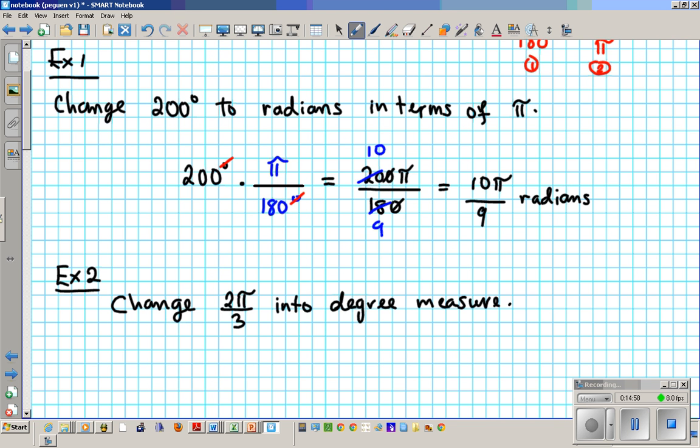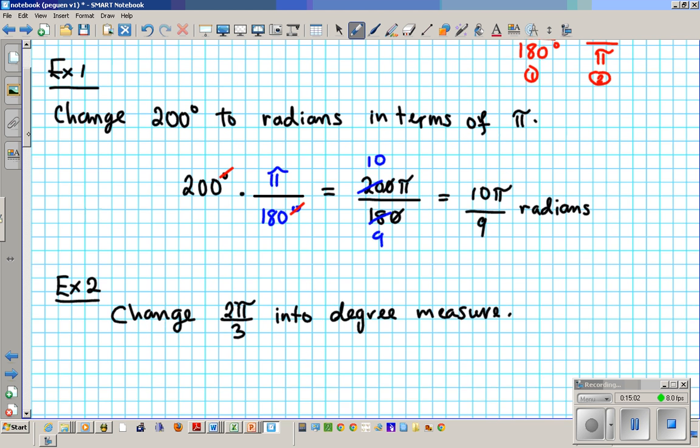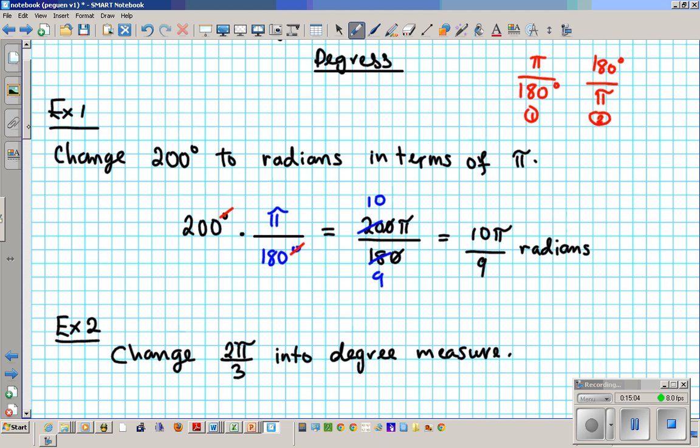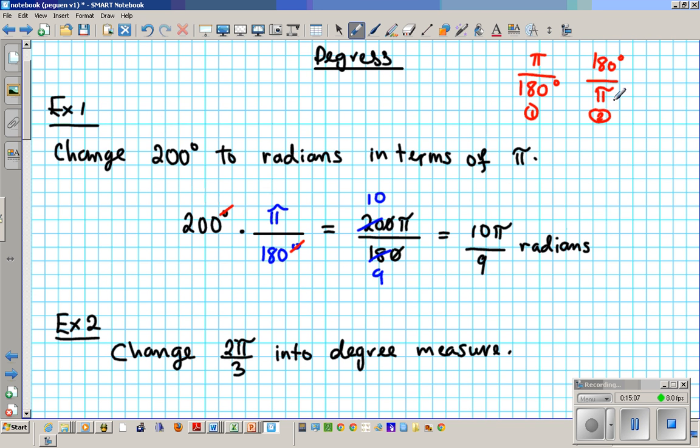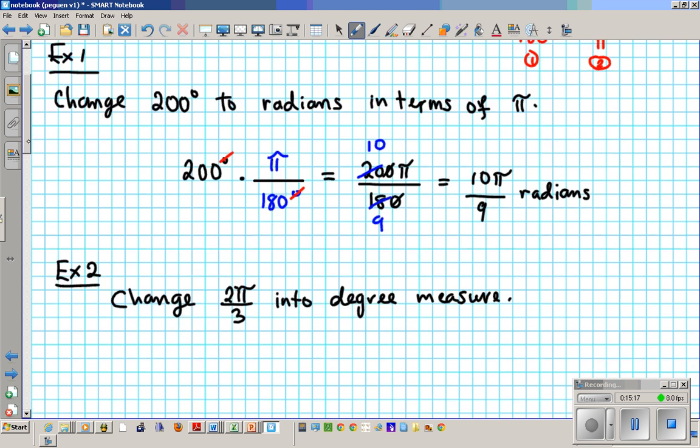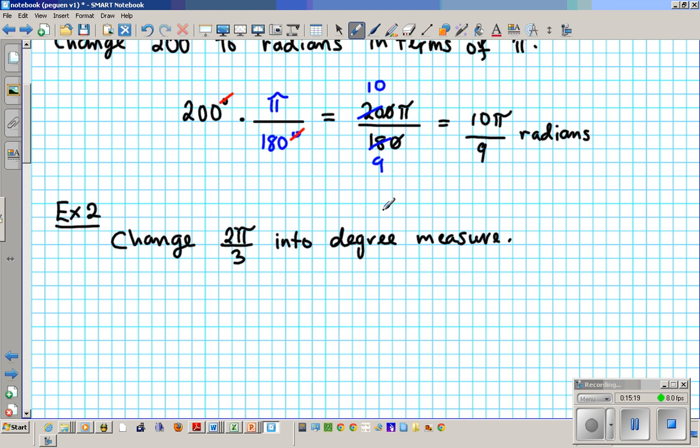Okay, so this pi right here is an indication that we're dealing with a radian measure, right? So which conversion factor will help me get rid of this pi radians? Is it the one with 180 on the bottom or the one with pi on the bottom? Since pi is on the top here and I want it cancelled out, then I need to pick the one with pi on the bottom, right?